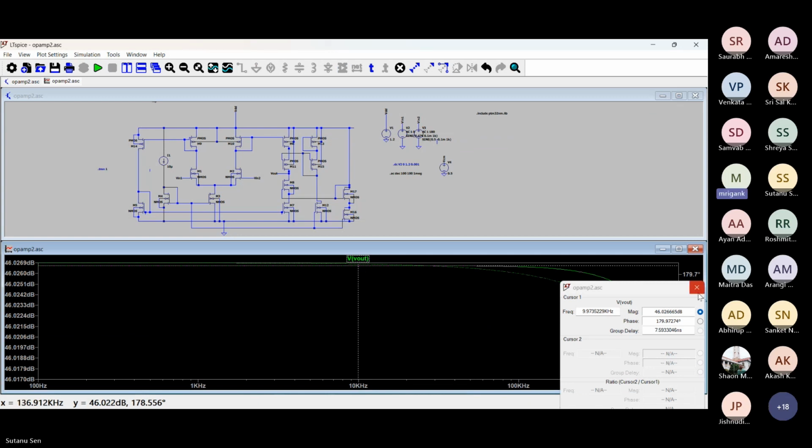So 46 dB, that means something similar to what you are getting, which will be for around 400 gain. And the cutoff frequency right now is, go to that 3 dB point.